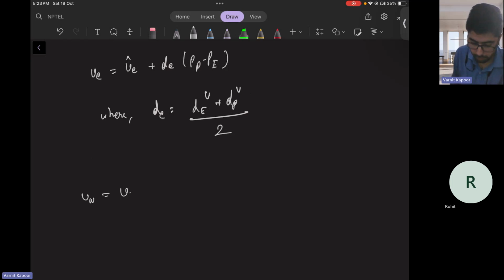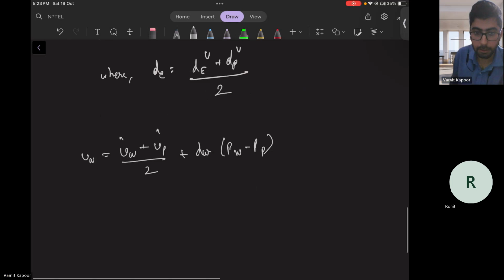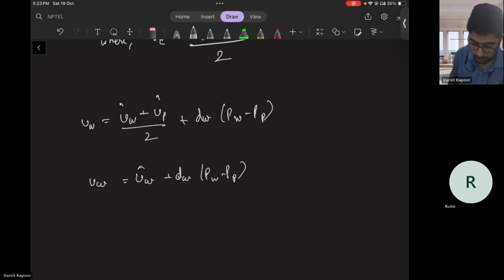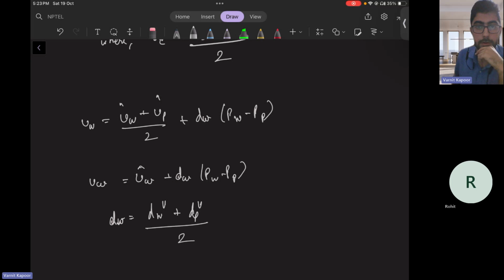U west is equal to UW hat plus UP hat by 2 plus DW times (PW minus PP), where DW will be DW at U plus DP of U by 2.